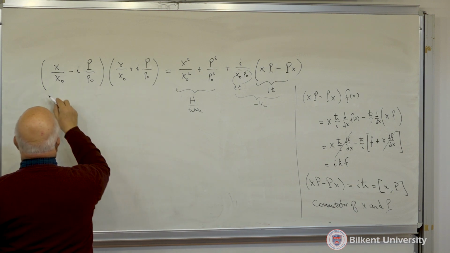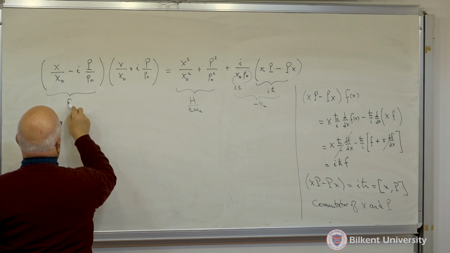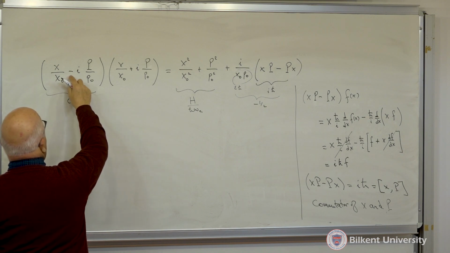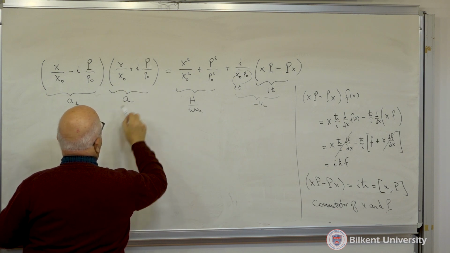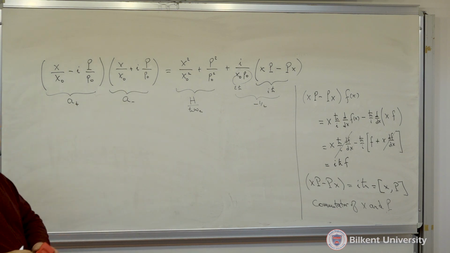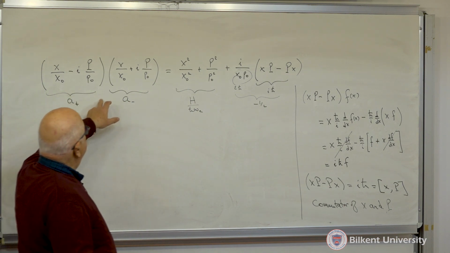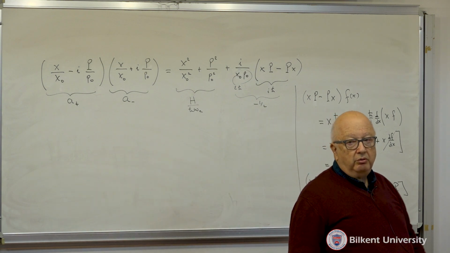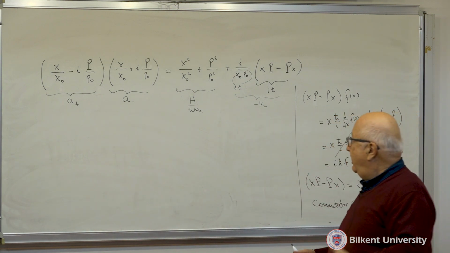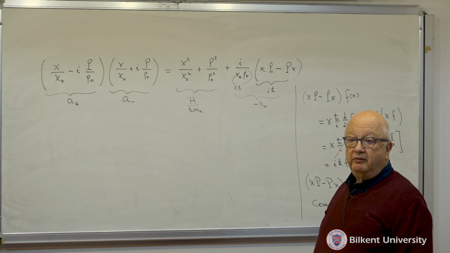So this thing I am going to call a plus. So the one with the minus sign is called a plus. This one I'm going to call a minus. So these are now operators. They contain x and p in them. So they contain x and a derivative of x.